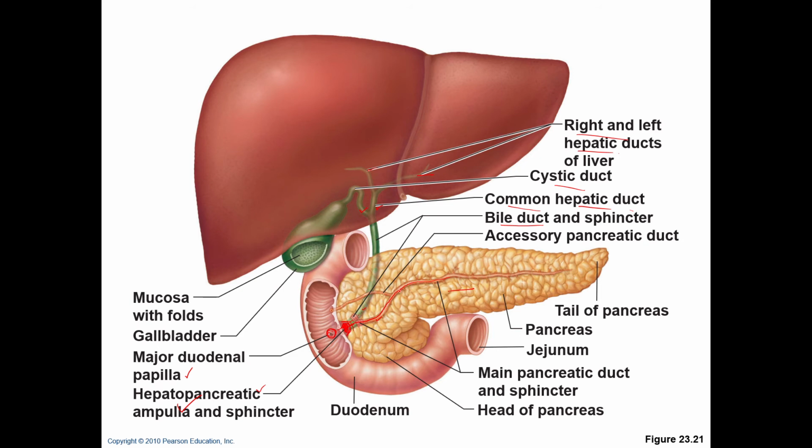Now you see from the main pancreatic duct a branch arises and enters into the duodenum too separately, and this tiny opening is called the minor duodenal papilla. It's not marked here.